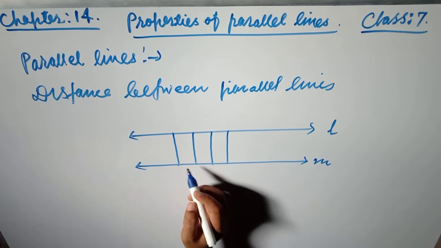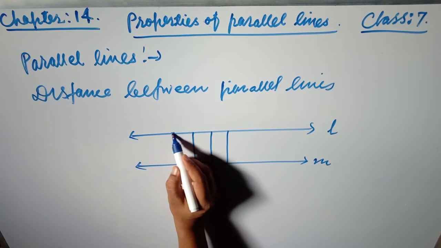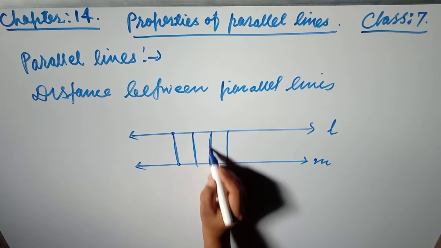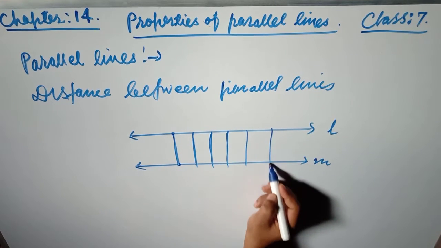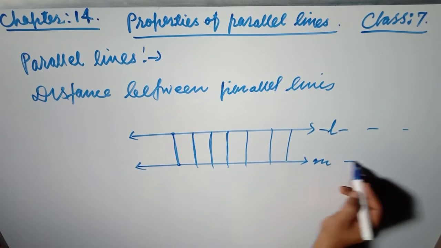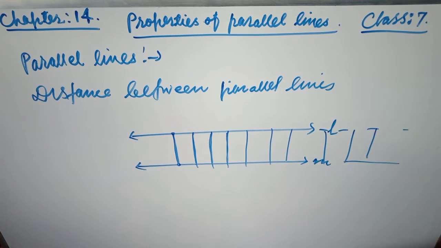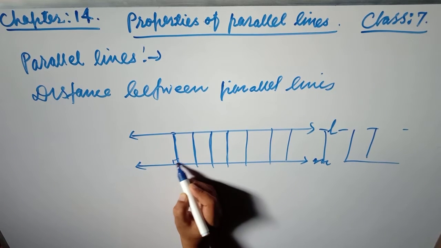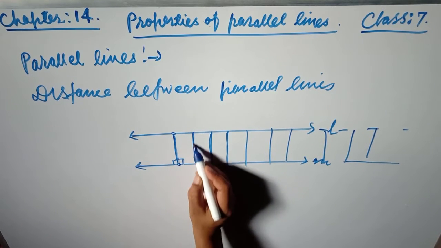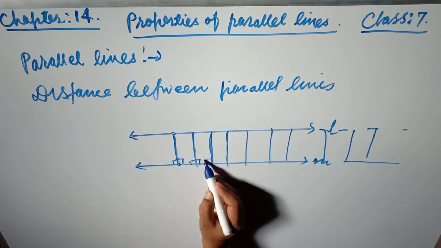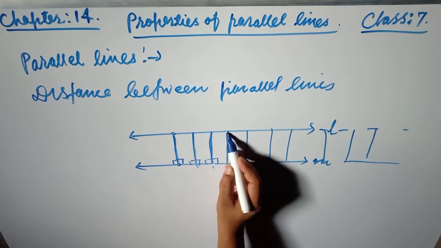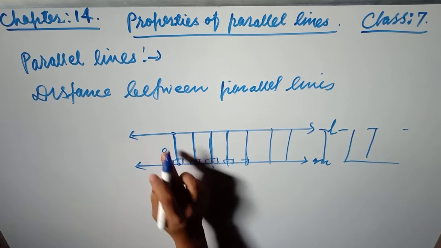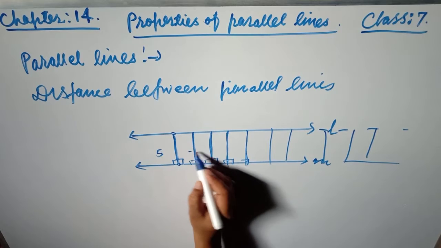That means the distance from each point of L to M is constant, even if we extend the lines. This constant distance means that this line is perpendicular, this is perpendicular, this is perpendicular, so the distance in between them which is perpendicular is called the constant distance. Suppose this is 5 centimeter, 5 centimeter, 5 centimeter.